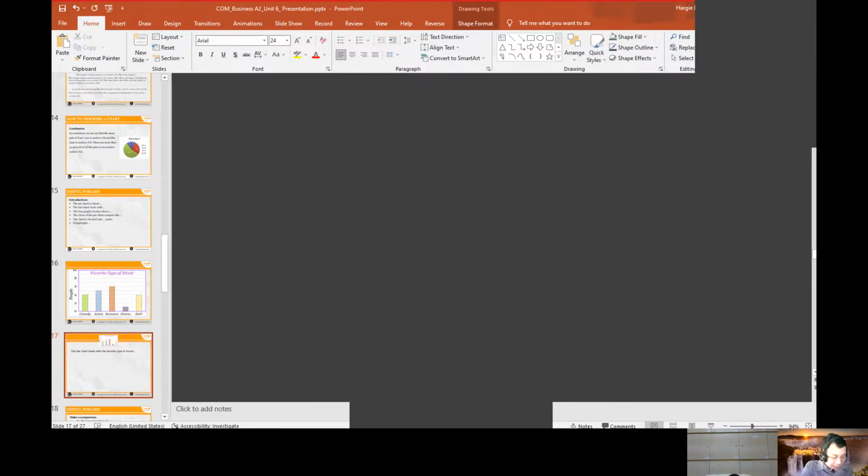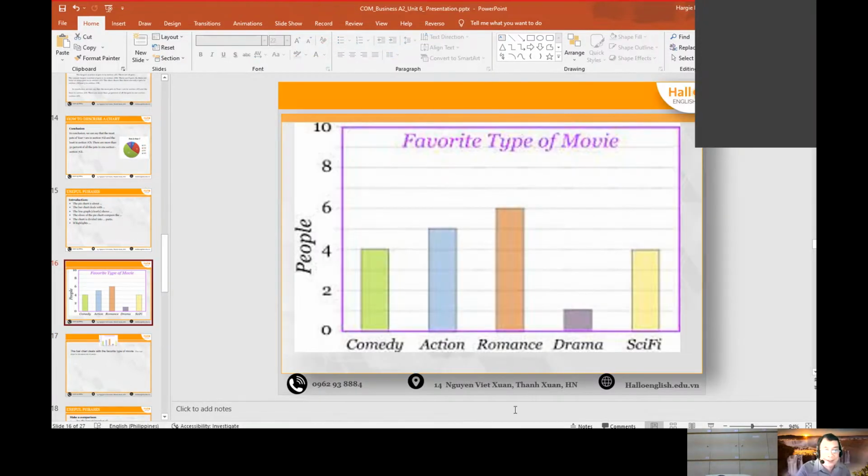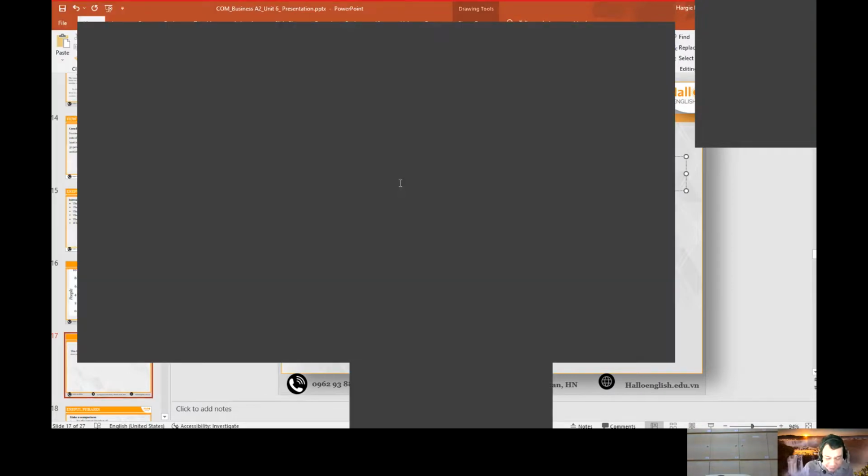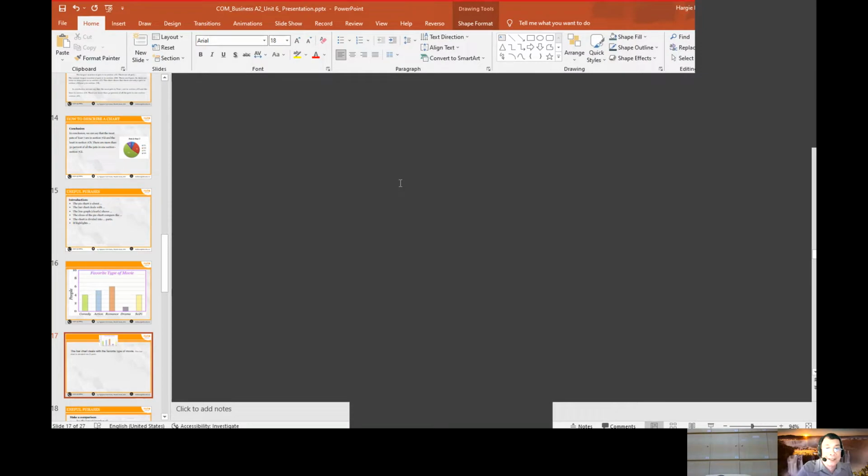Or we can also say the bar chart is divided into how many parts? 5. Okay, 2, 4, 5. Very good. So divided into 5 parts. You can also add the word namely.